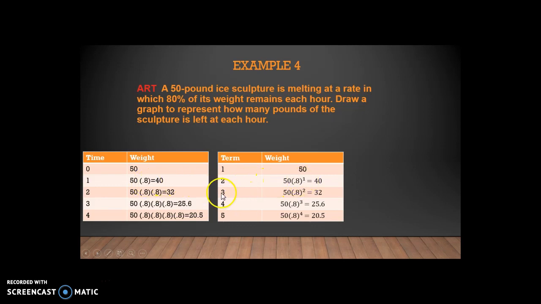For the third term in the sequence, I'm using the 0.8 twice. For the fourth term, which is really 3 hours past since we've built our sculpture, I've used the 0.8 3 times. So this is where you get the n minus 1 idea. 4 minus 1 is 3, 5 minus 1 is 4, and that's how we're building that formula.